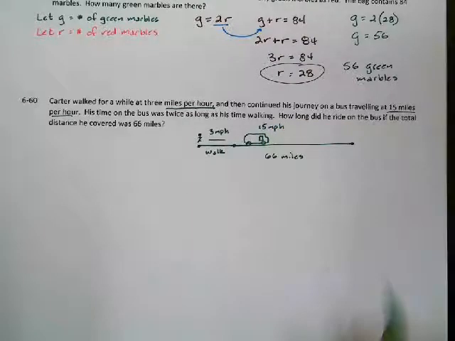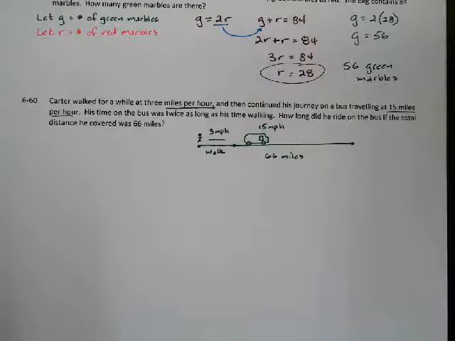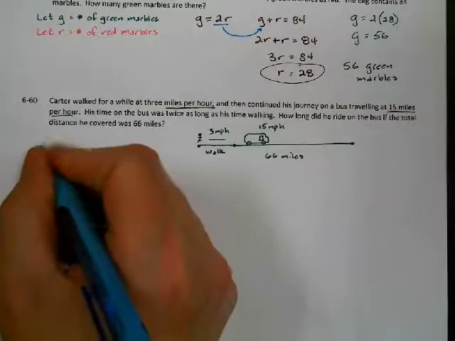So he's got two different sections of his journey. Okay, so let's make 3 equations because that's how I like to do these types of problems. Let's make distance 1 equal the miles that he walked.